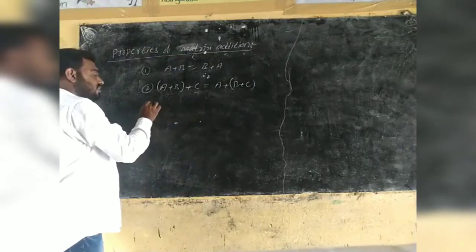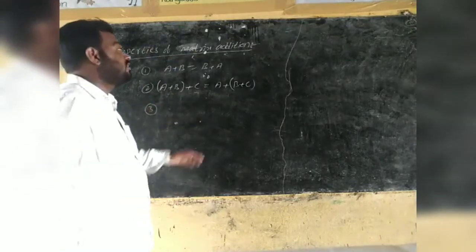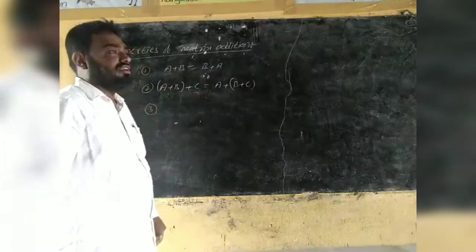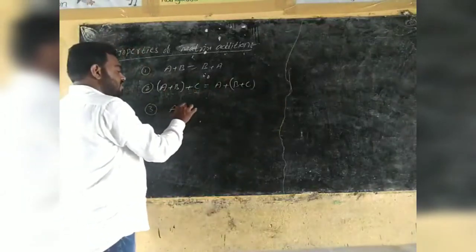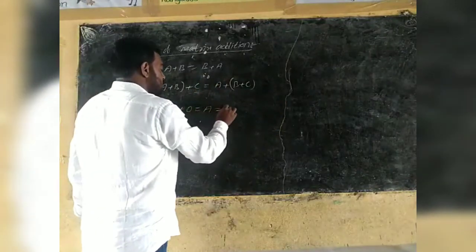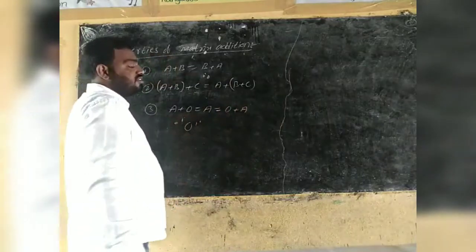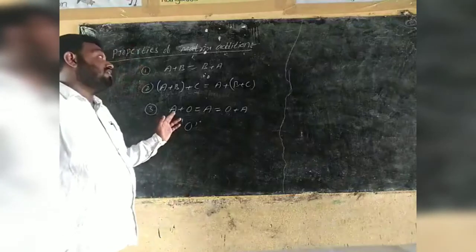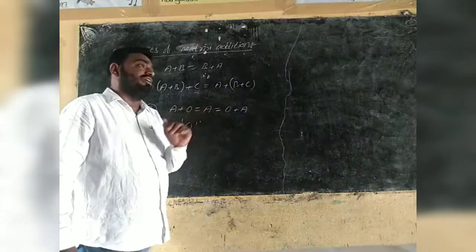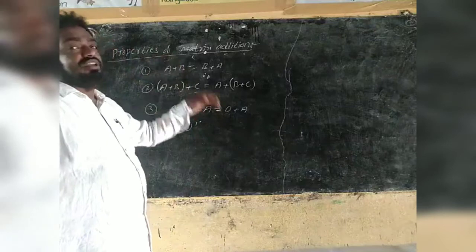And there exists an additive identity. What is the additive identity? If A plus O is equal to A is equal to O plus A, then O is called the additive identity on the addition of the matrices.